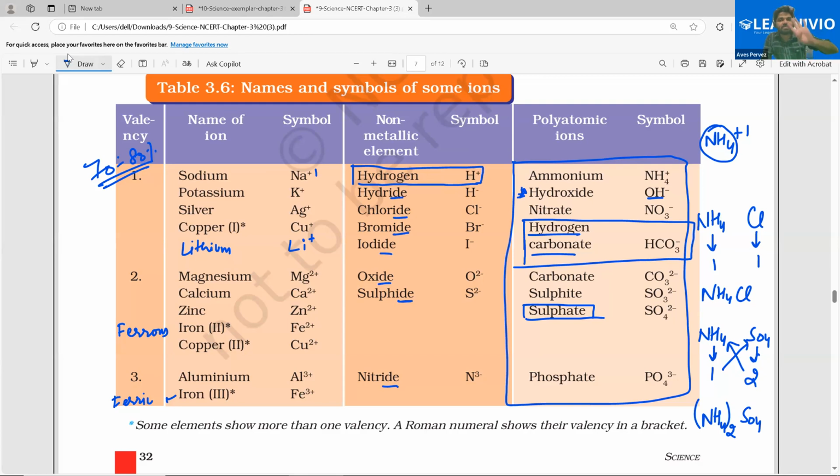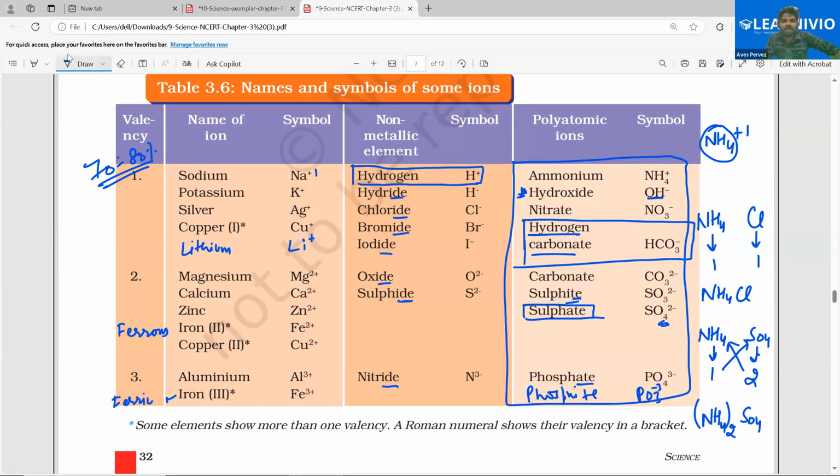If the ATE form has 4 oxygen, then its ITE form will have 1 oxygen less. Like sulfate has 4 oxygen, so sulfite will have 3 oxygen, SO3. Phosphate, PO4, has 4 oxygen, so phosphite will have PO3 with minus 3.